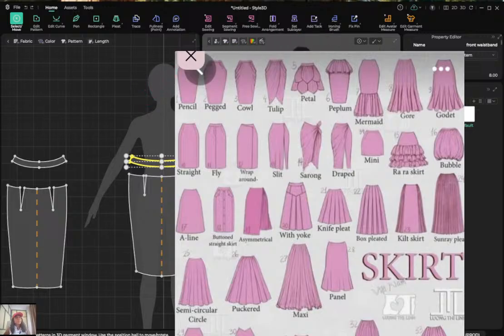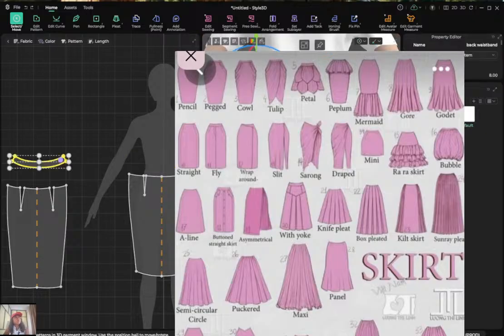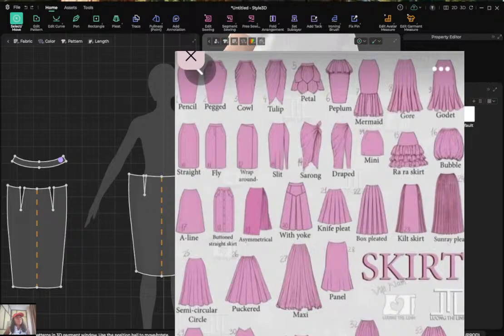It's a weird waistband, so I'm going to remove it. Yes, this is how it's supposed to be. Let me move it here and say A, so that I place it here where it's supposed to be.